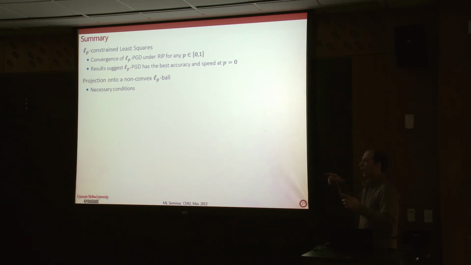Because if you have this regularized form, instead of doing projection, you do this proximal operator. The proximal operator, I can show that you can solve it in polynomial time, right? You can solve it efficiently, even though it is non-convex. But I don't know why the projection is difficult to solve.